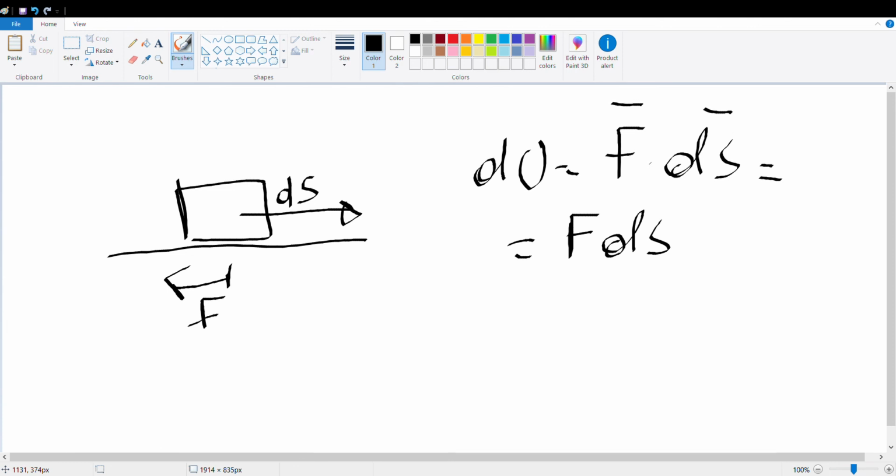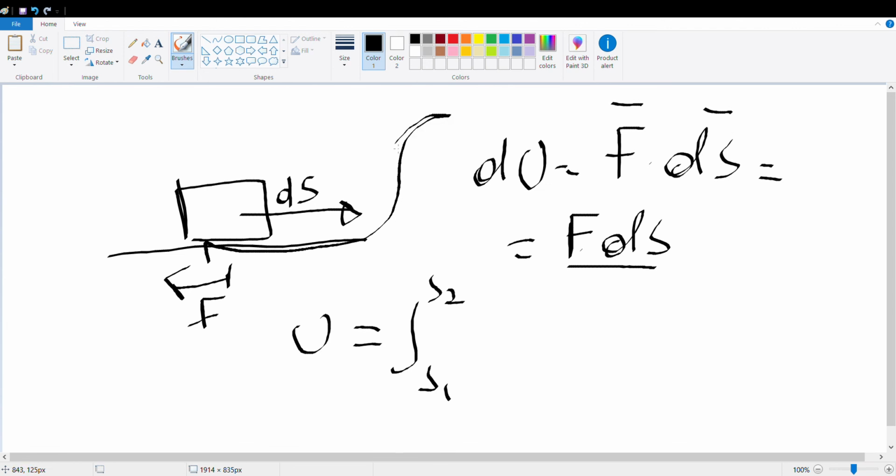So when I go to integrate and to obtain the actual work between two positions, since my force is going to depend on the length of the section that is gone through, it's not just going to be the final and initial position, but it's going to be the path.